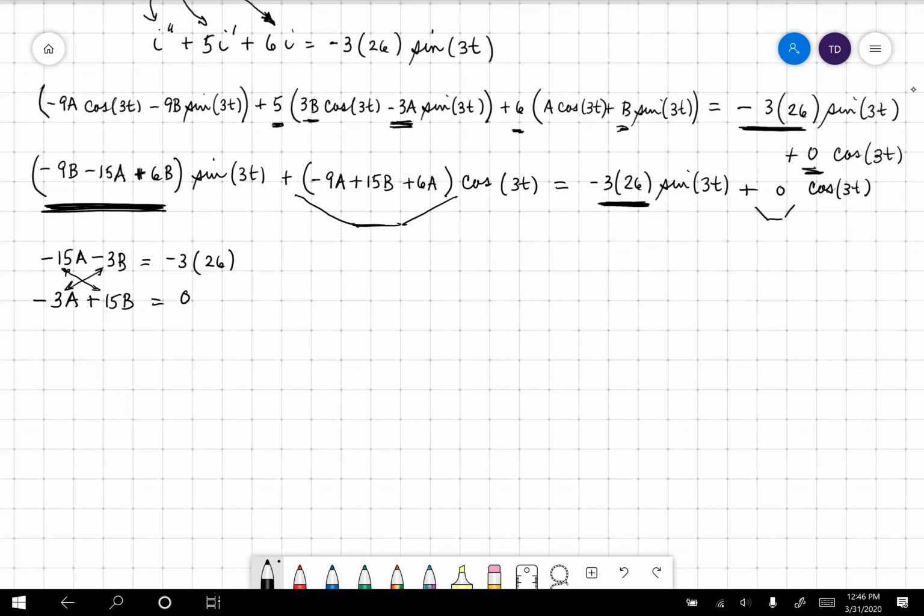Okay, I'm going to take both lines and divide by 3 or divide by -3. So on the first one, if I divide by -3, I get 5a plus b equals 26. And the second one, when I divide by 3, I get minus a, excuse me, plus, let's see, do I want to divide by negative?